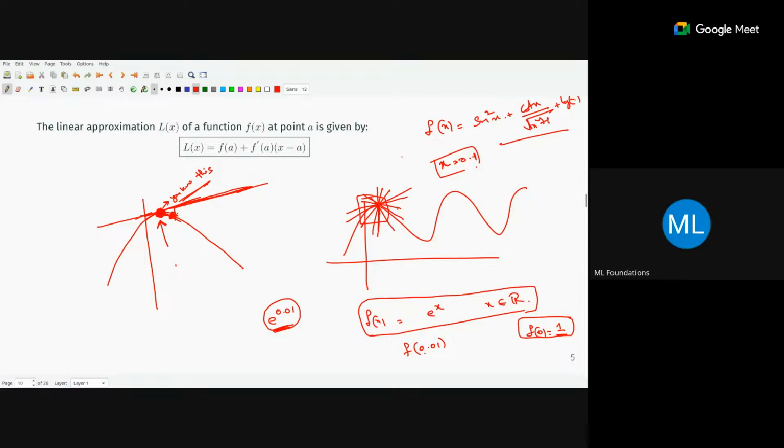This linear approximation is the very base, simple approximation which we do. At one point, you are fitting the curve with a straight line. At this particular point only, we are trying to approximate that function using a straight line, and that is called a linear approximation.